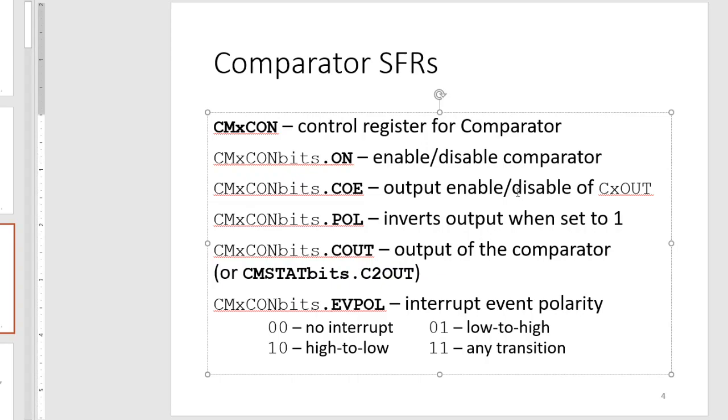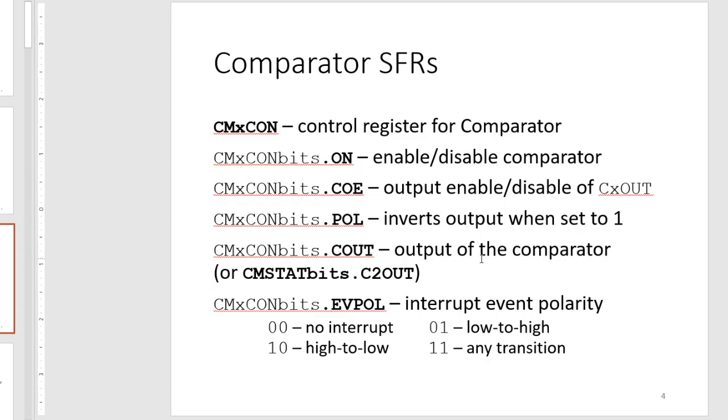Enabling or disabling this bit doesn't necessarily mean that the comparator will not output anything. It just means that our external output pin is disabled. Then we have the polarity select, wherein we can invert the output of our comparator, and then the COUT bit, wherein we can check the status of the output of our comparator.